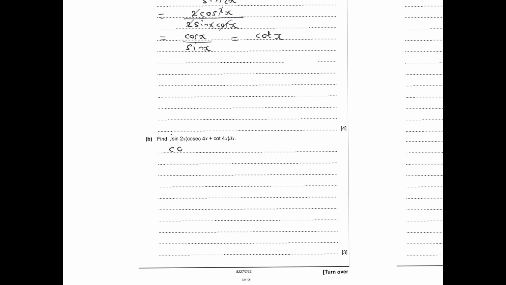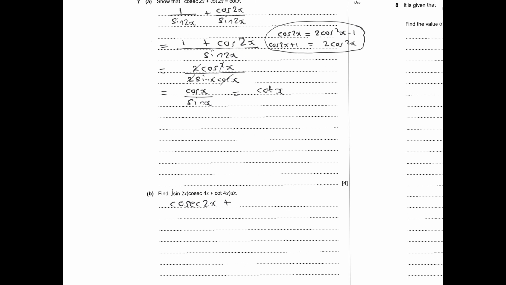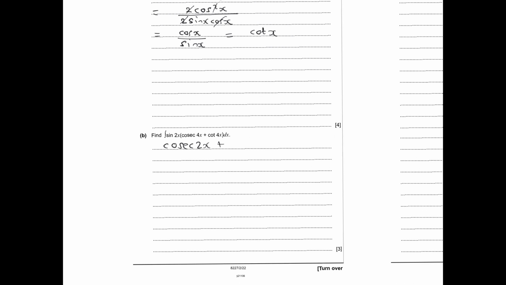We are saying cosec 2x plus cot 2x is identical to cot x.